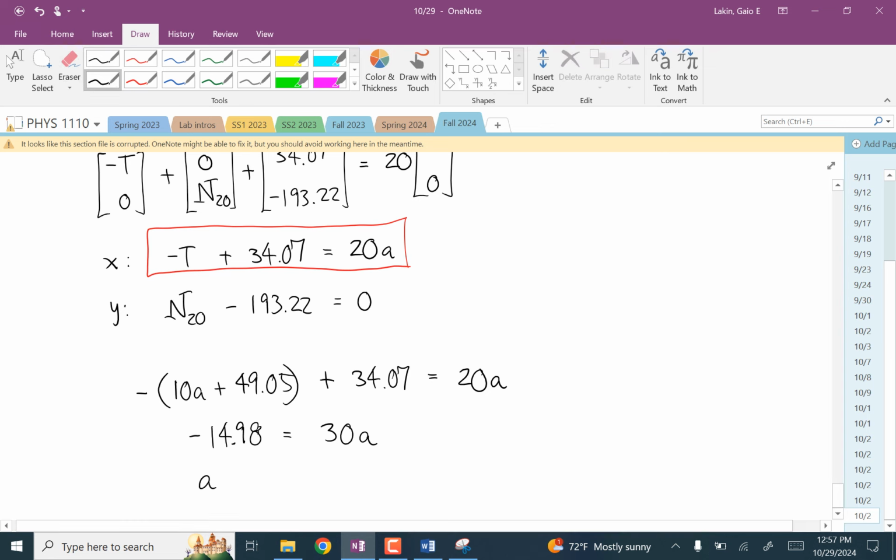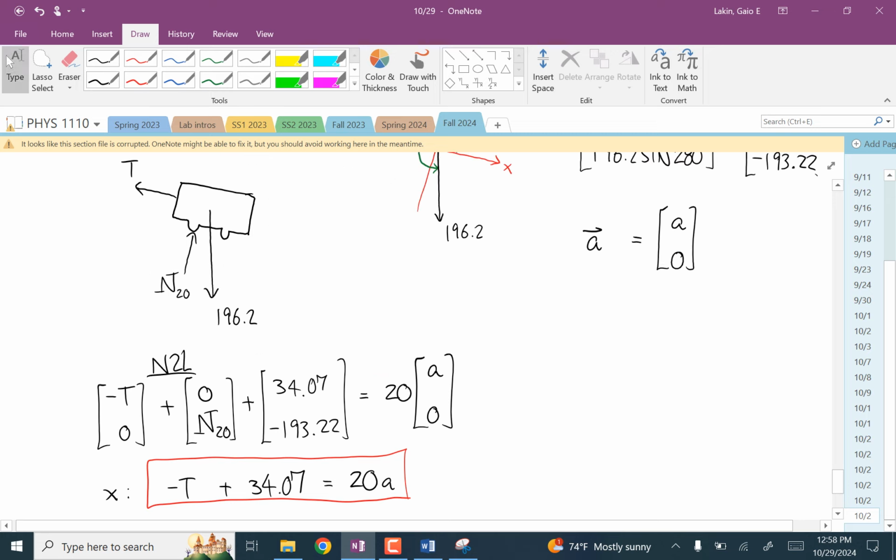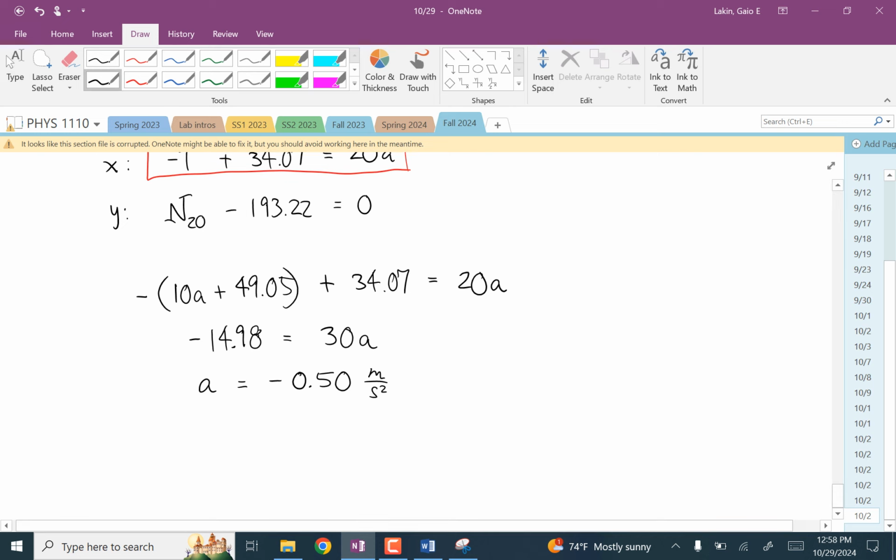So A is equal to negative 0.50. We can just plug this into one of those two accelerations to figure out what the system's doing.